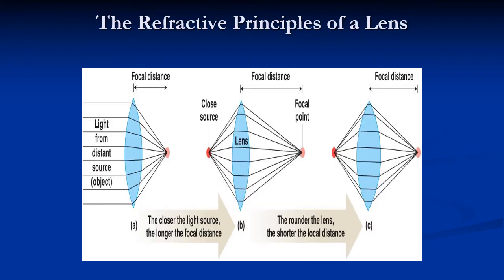For light from a distant source, the closer the light source, the longer the focal distance, and the rounder the lens, the shorter the focal distance.